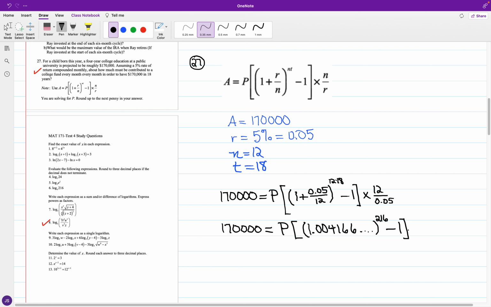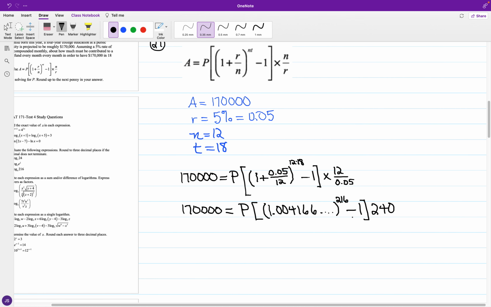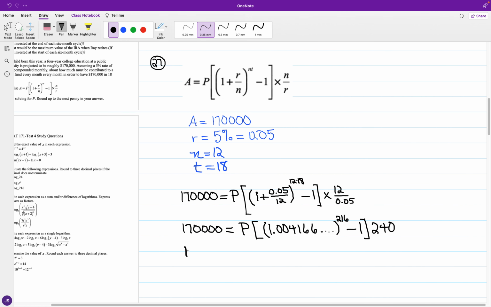And for 12 over 0.05, we can simplify this to 240. So we still have 170,000.